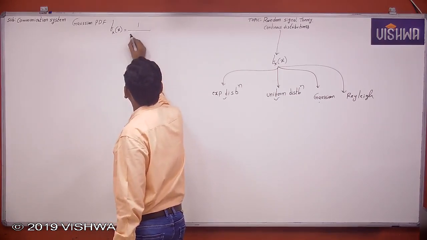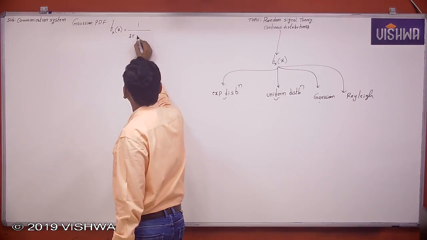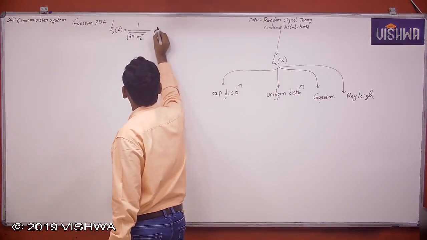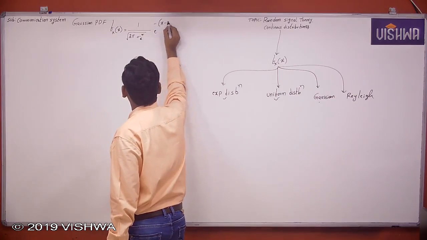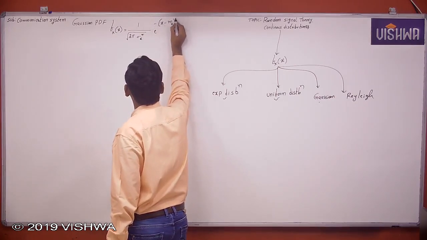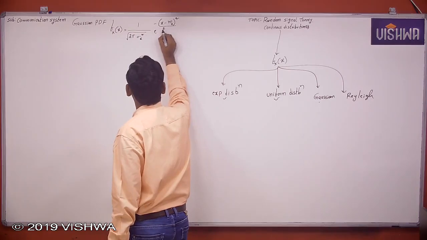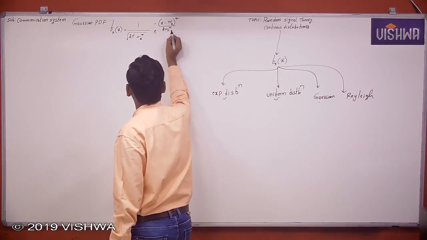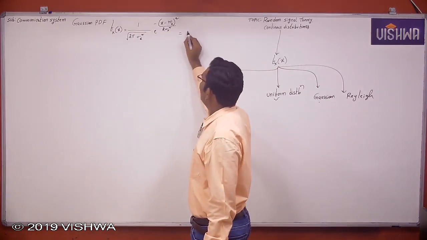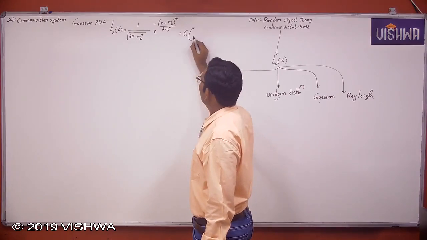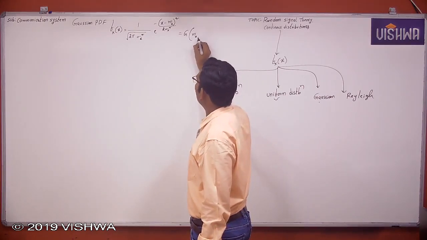It is 1 by root 2 pi sigma x square, e power minus (x minus mx) whole square by 2 sigma x square. This is a Gaussian distribution, which is a function of mean and variance.